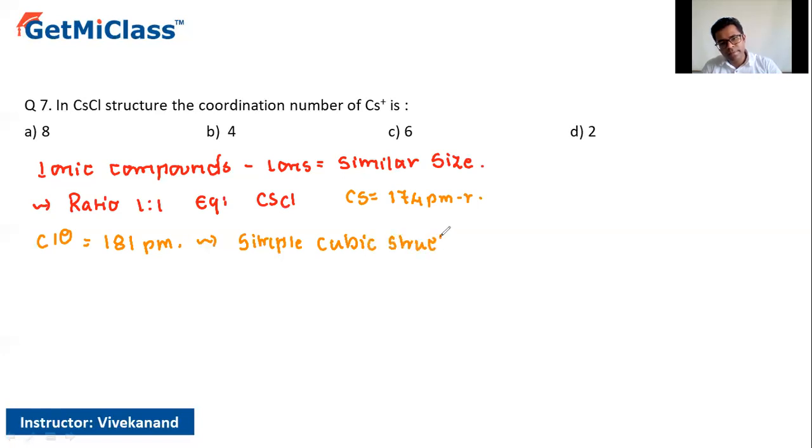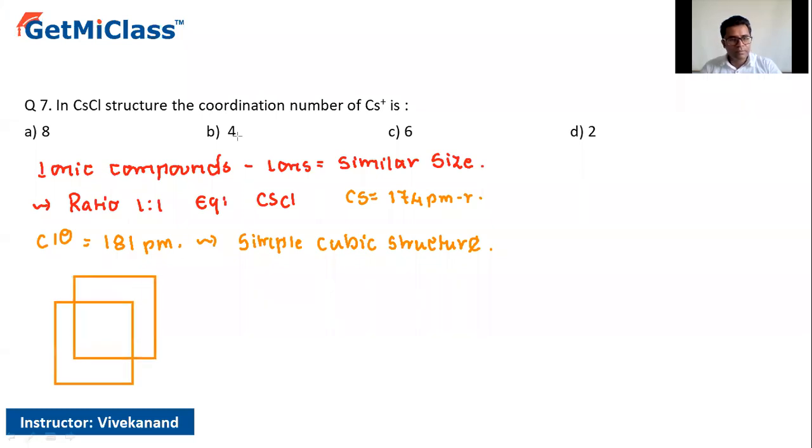Now, in the case of the simple cubic structure, what usually happens is that if we consider this as a cube over here, in this scenario, what one would observe is that the cesium ion is in the center, while the other ones, that is the chlorides, are at the regular corners of a cube, something like these.